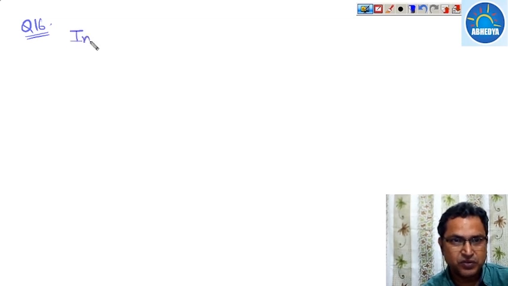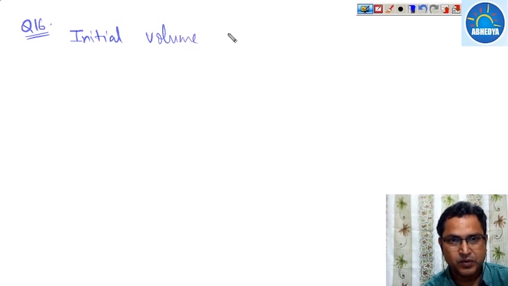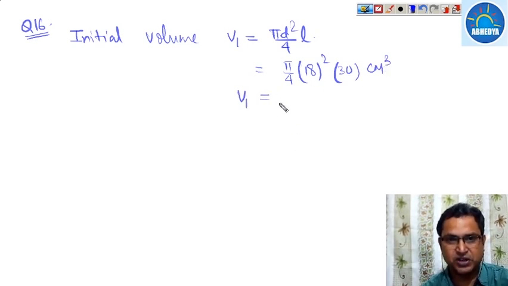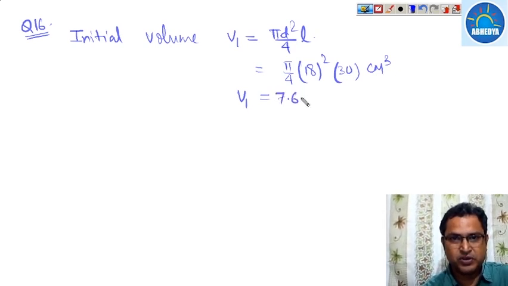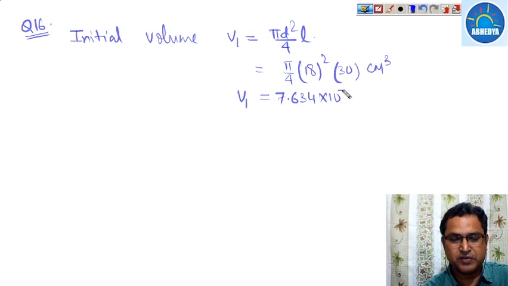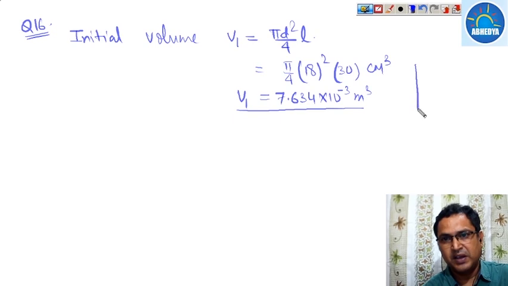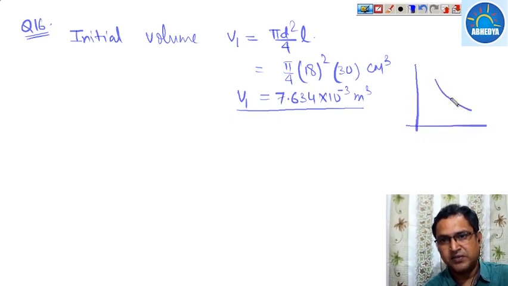Initial volume V1 is equal to pi d square upon 4 into L, that is pi by 4 into 18 centimeter square and the length is 30 centimeter. So once we calculate, the value becomes 7.634 into 10 raised to the power minus 3 meter cube. This is the initial volume and it has been compressed from 1 to 2.